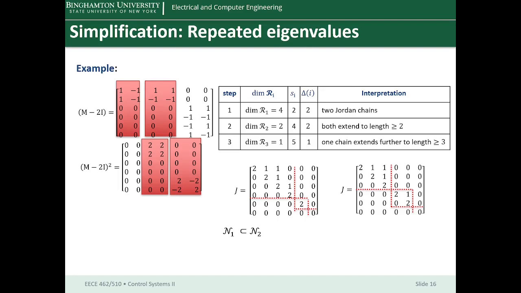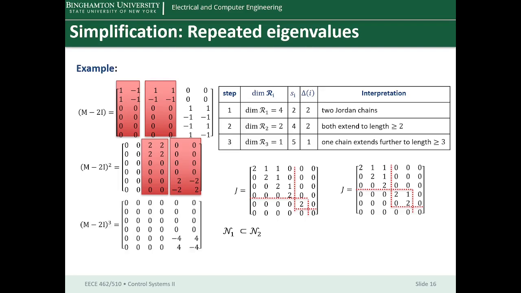In other words, both eigenvectors extend one step further. So each of them has at least a chain of length 2. Every eigenvector that exists in N1 is in N2, which means both eigenvectors can generalize one step further.